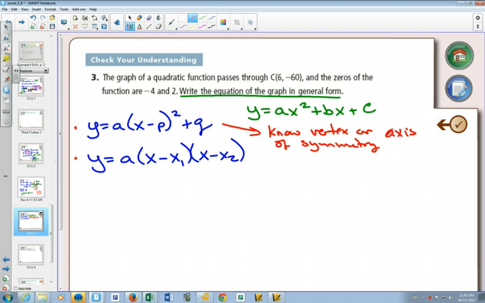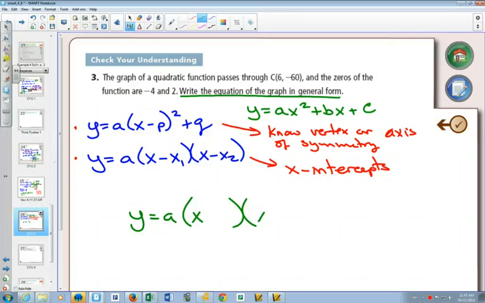You're going to use this one if you're told the x-intercepts. So in this case, we're told the x-intercepts, so we know that our equation is going to look like this. And we'll be able to put in numbers for x1 and x2.